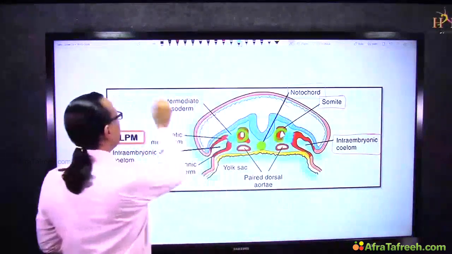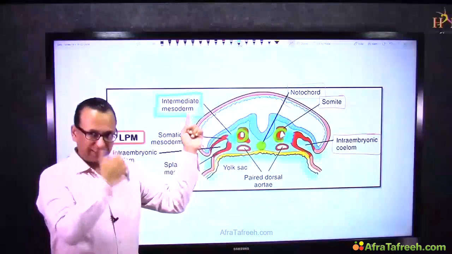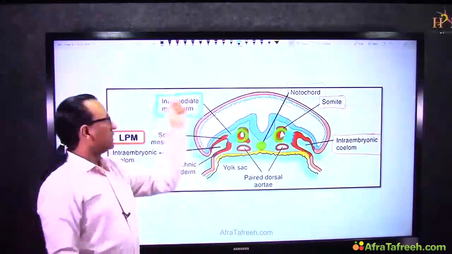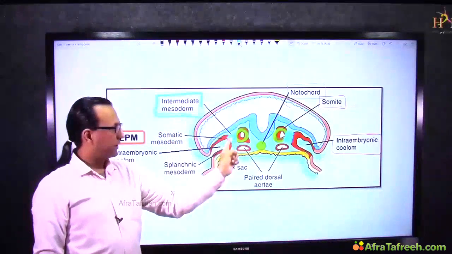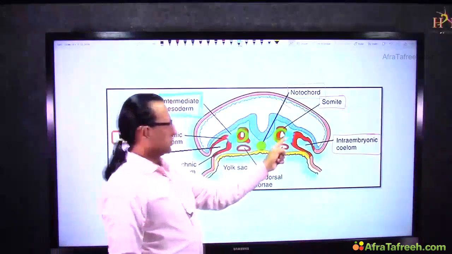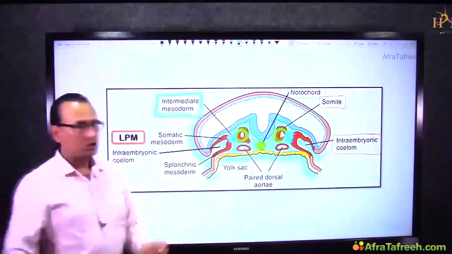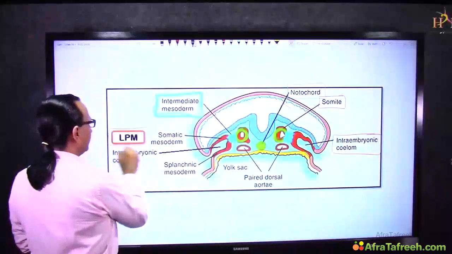Remember, it is the intermediate mesoderm which is going to form the kidney, testis, and the ovaries. So kidney, testis, ovaries or genitourinary system develop here from the intermediate mesoderm. Now as you go more lateral, you will see this is the lateral plate mesoderm.